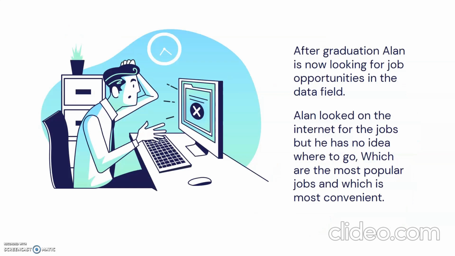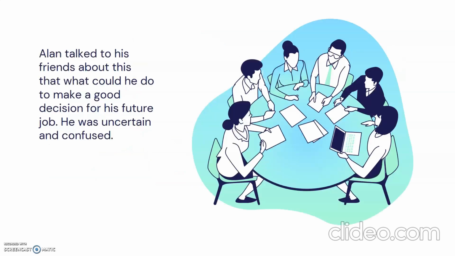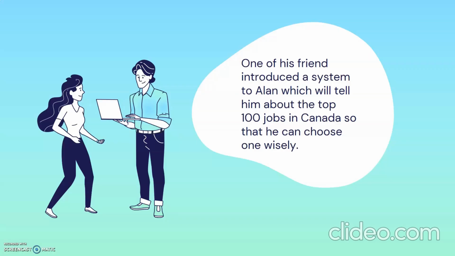But after graduation, when he was looking for new job opportunities, he was confused seeing the number of jobs in his field, and he didn't know what to do. He talked to his friend, and his friend came up with a system which will give him information about the top 100 data jobs in Canada so that he can choose a job wisely.